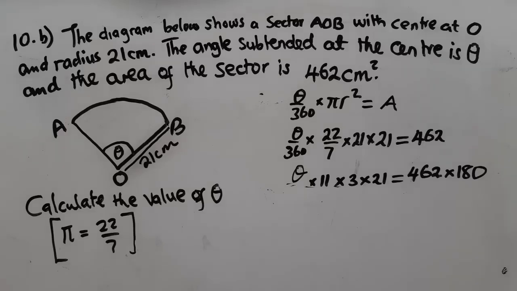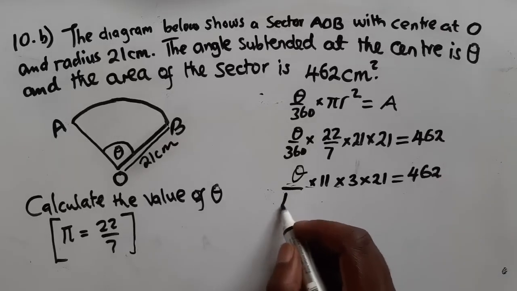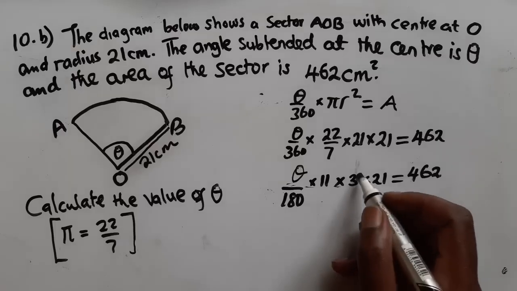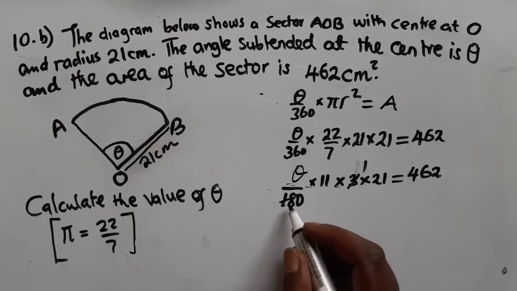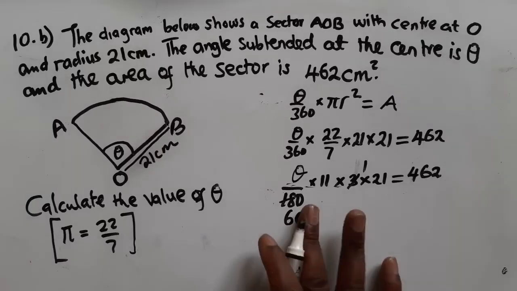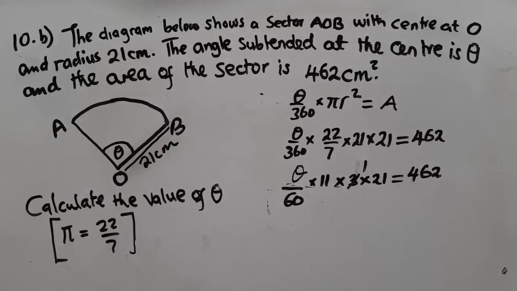Or maybe if you want, when we still had 180 here, we can say 3 into 18 is 6. So meaning, here we are remaining with 60.